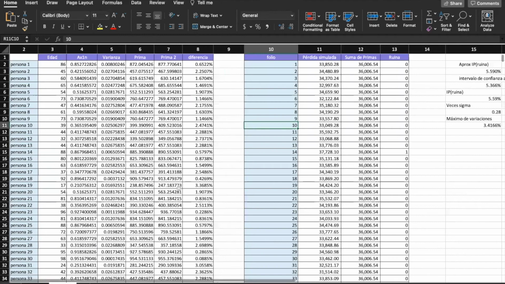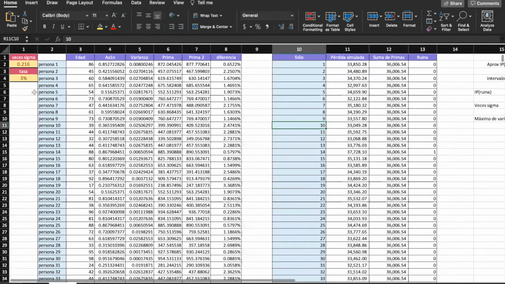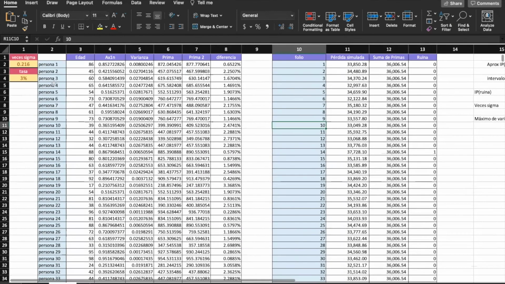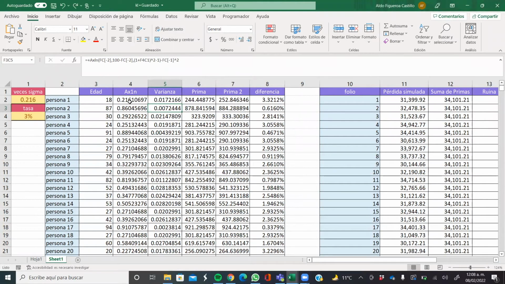Now we can go to capture our first insurance portfolio for 60 people. We need to create the number of simulations we want, and we need more things like the result of the AX1N, the variance, the premium one, the premium two, and the difference.